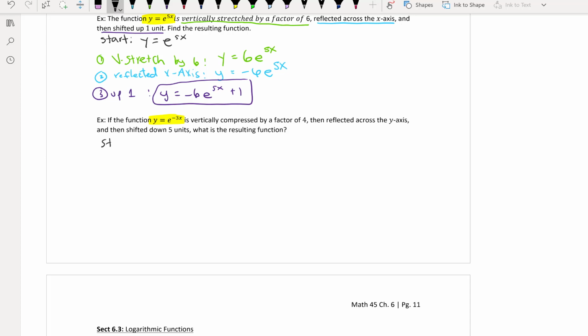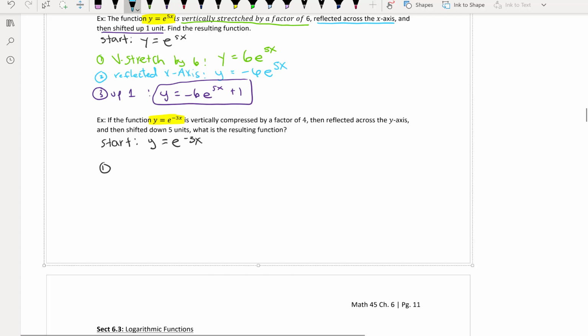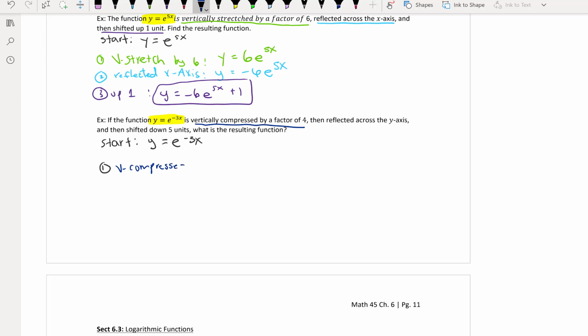So I start with y is equal to e to the negative 3x. The first thing that's going to happen is that it's vertically compressed by a factor of 4. So I'm getting smaller by 4.